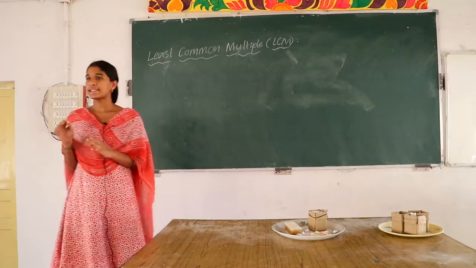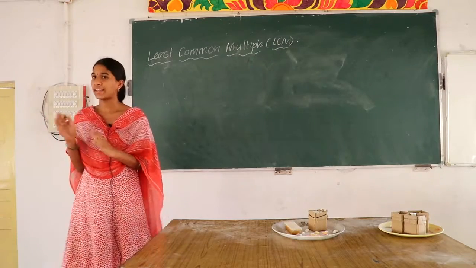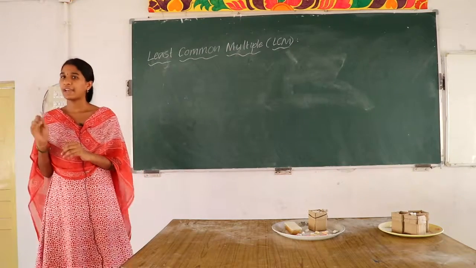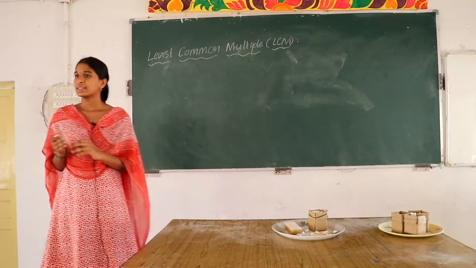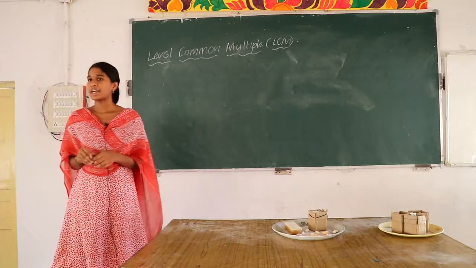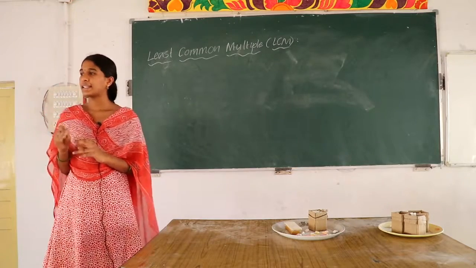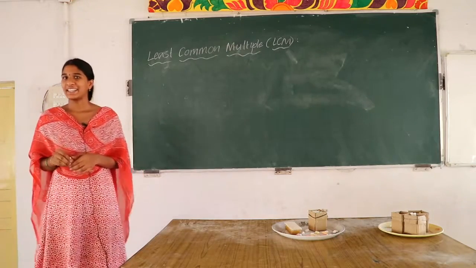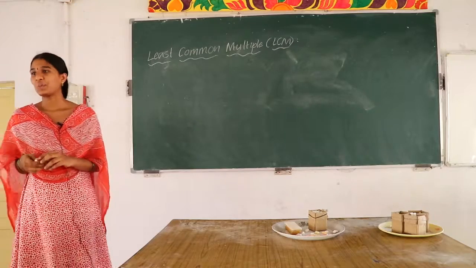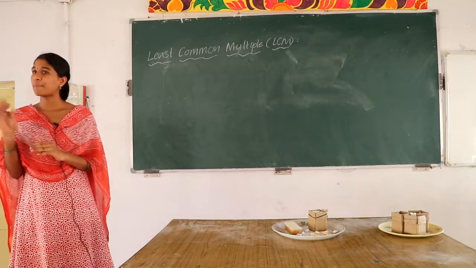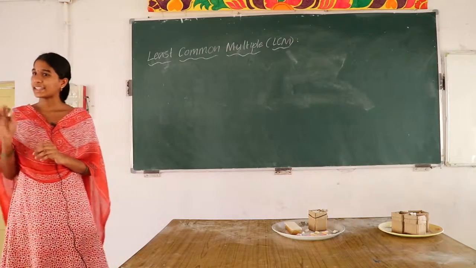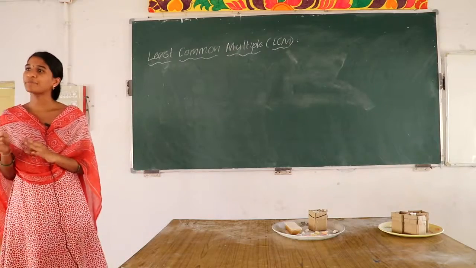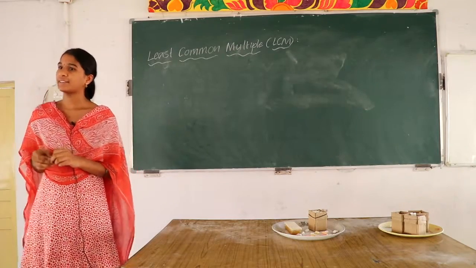Two bells ring together. If the bells ring at every 3 minutes and 4 minutes respectively, after what time will they ring together again? Can I repeat it? Two bells ring together. If the bells ring at every 3 minutes and 4 minutes respectively, after what time will they ring together again?